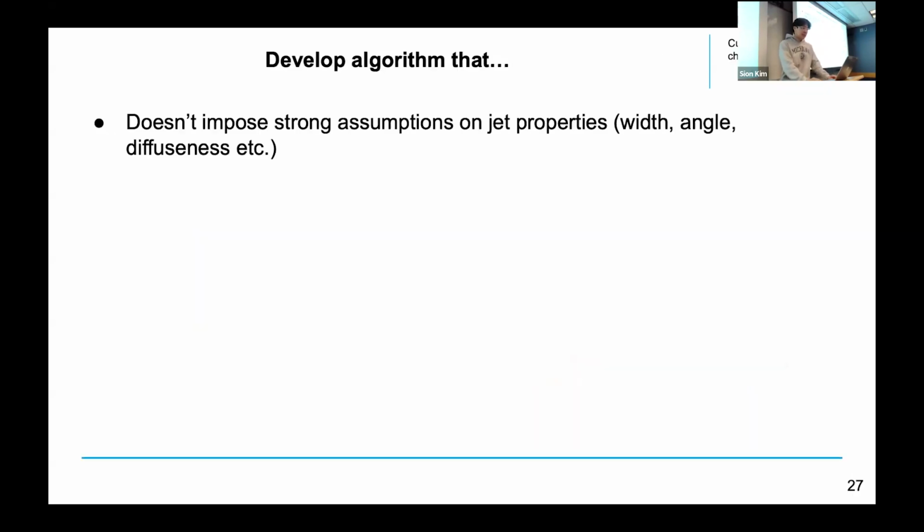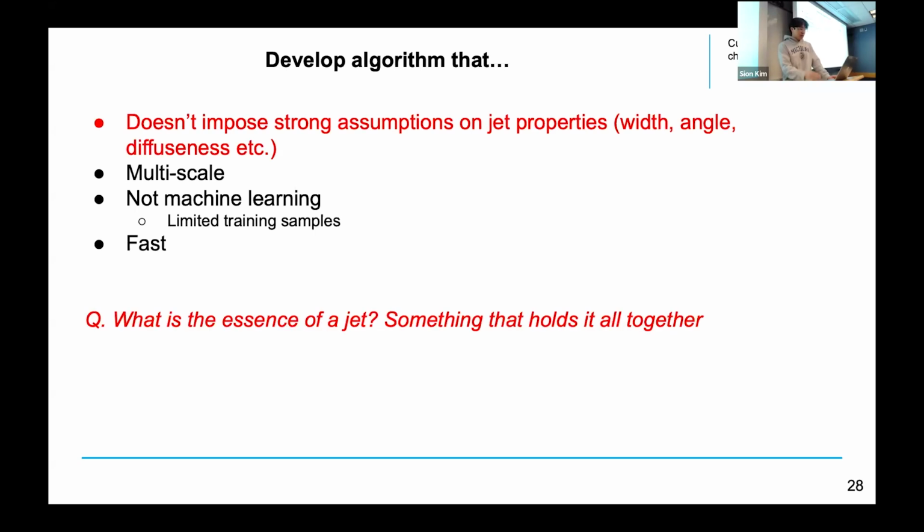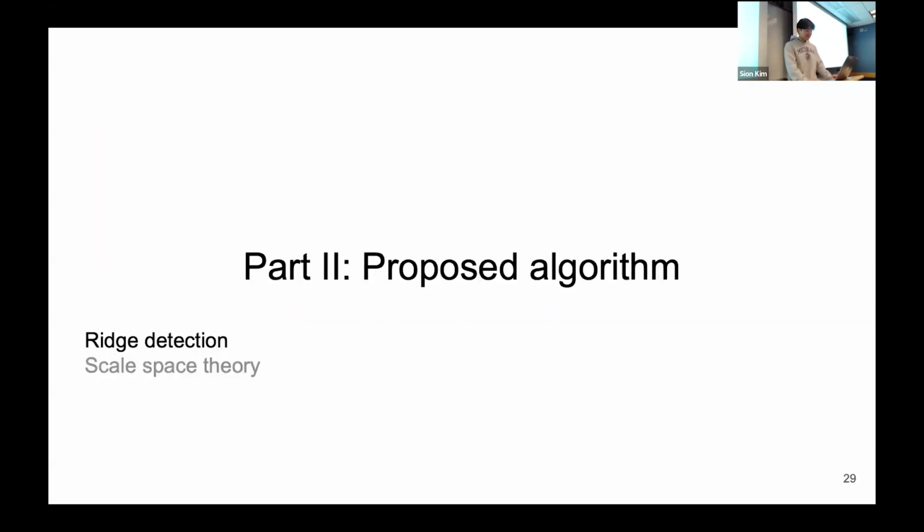So we would like to develop an algorithm that doesn't impose these strong assumptions on jets, is multiscale, and is not machine learning, since we had limited training samples. In order to answer the first question, we had to answer: what is the essence of a jet, something that holds it together?